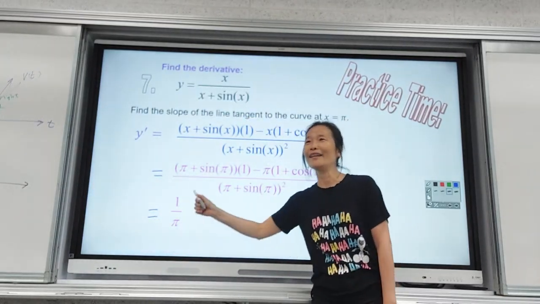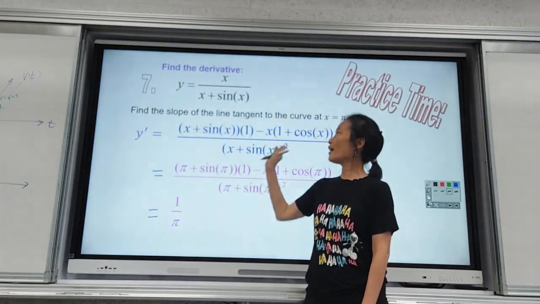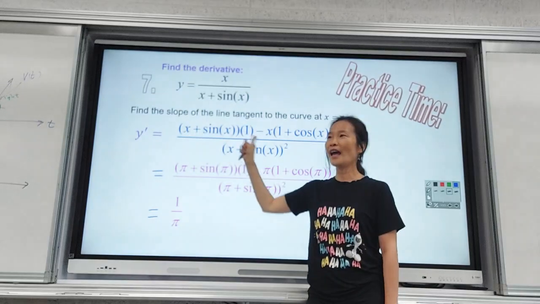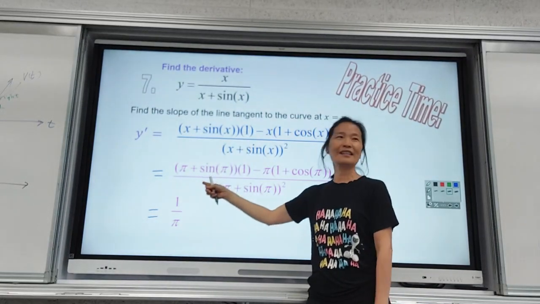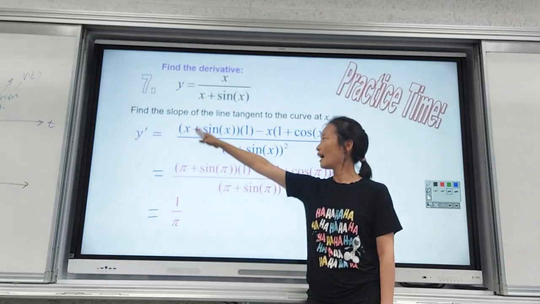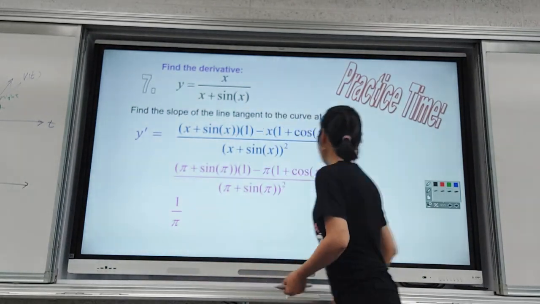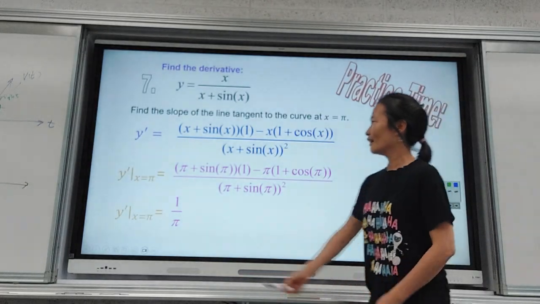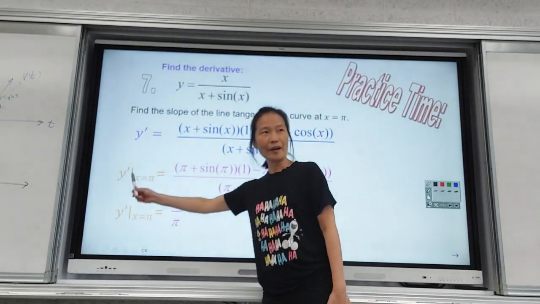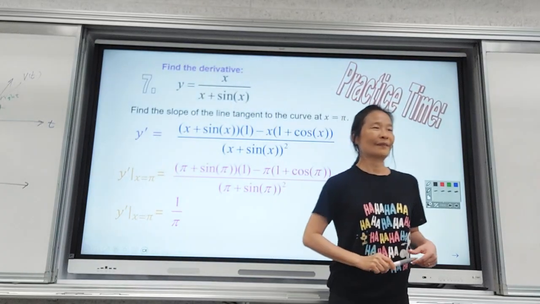Can I just do y prime is this and then equal? That's another point off. Oh my god. These are not the same, right? This is a function in terms of x. This is a value of the slope. They're not the same. So what should you do? y prime, have a bar and have a note when x equals pi.